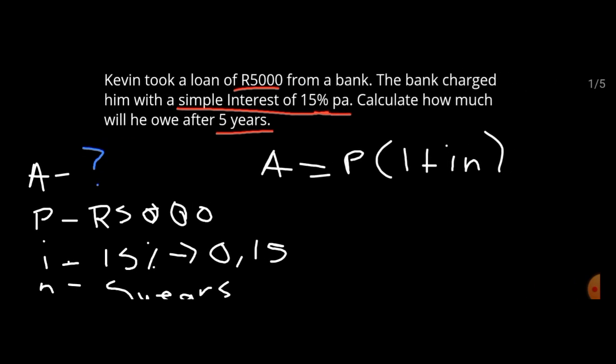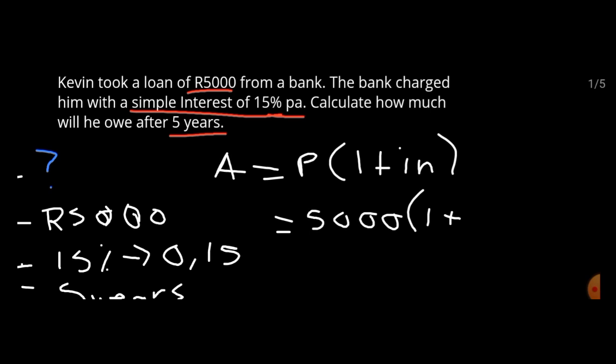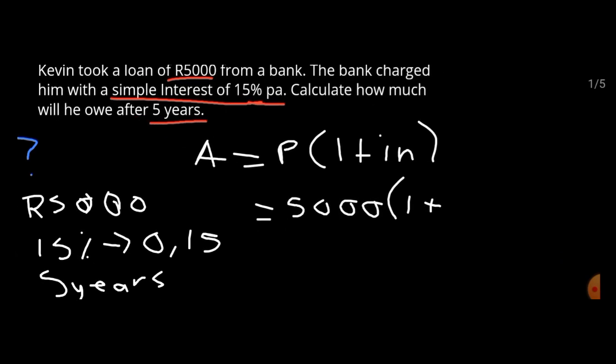So now that's where the formula comes in. Now we substitute into the formula. For P, there it's 5,000, times 1 plus our interest rate, which is 0.15. Guys, remember to always use it in decimal, 0.15. So there are two ways in which you can do this.